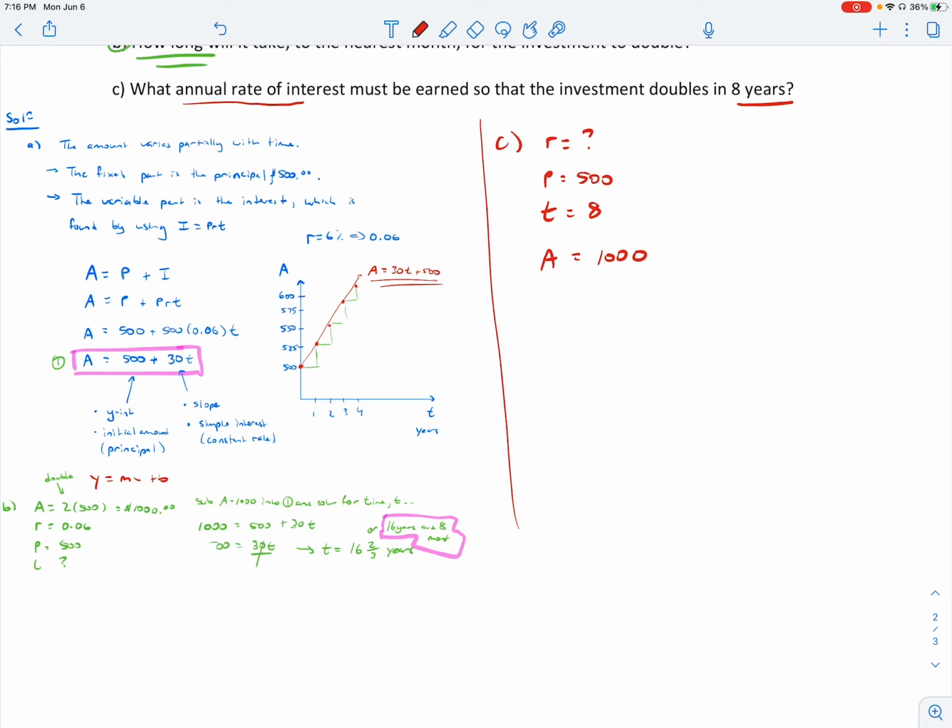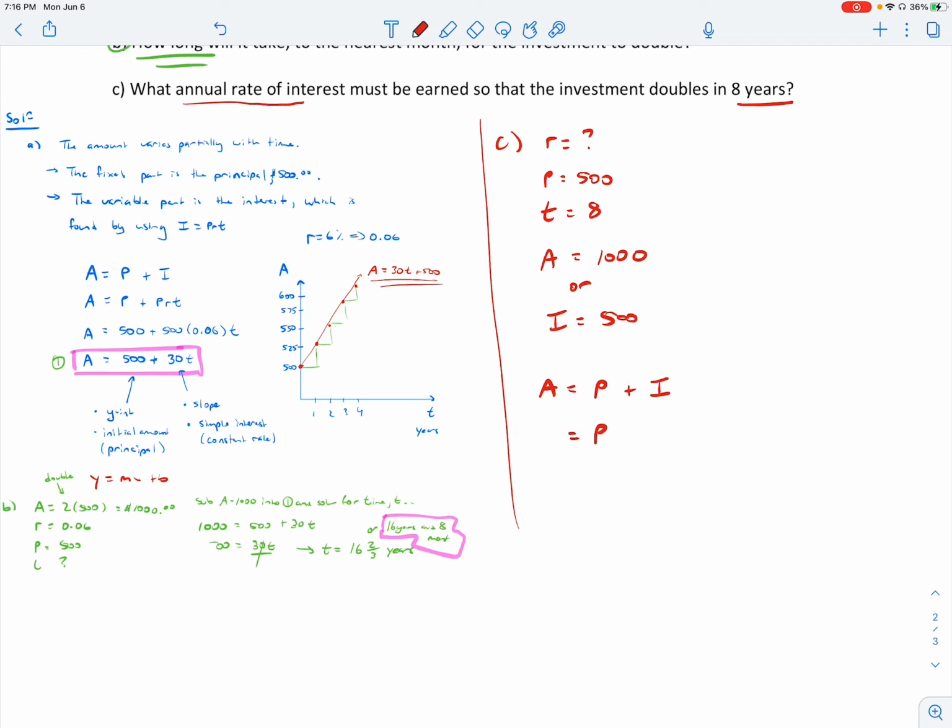So instead of saying A equals 1,000, you could say I want the interest to be 500, because that would double your money. If you put in 500 and your interest is 500, you just doubled the amount. So if I said A was 1,000, I would write A equals the principal plus the interest.